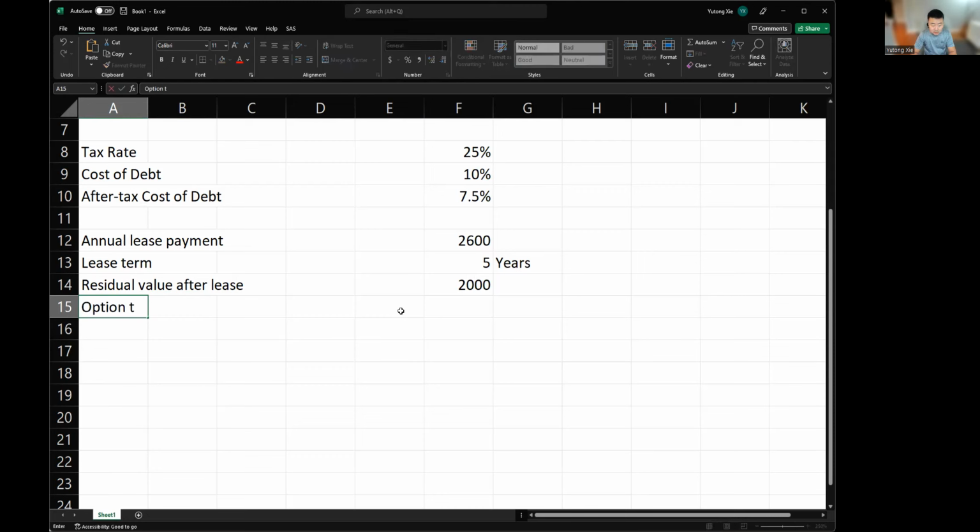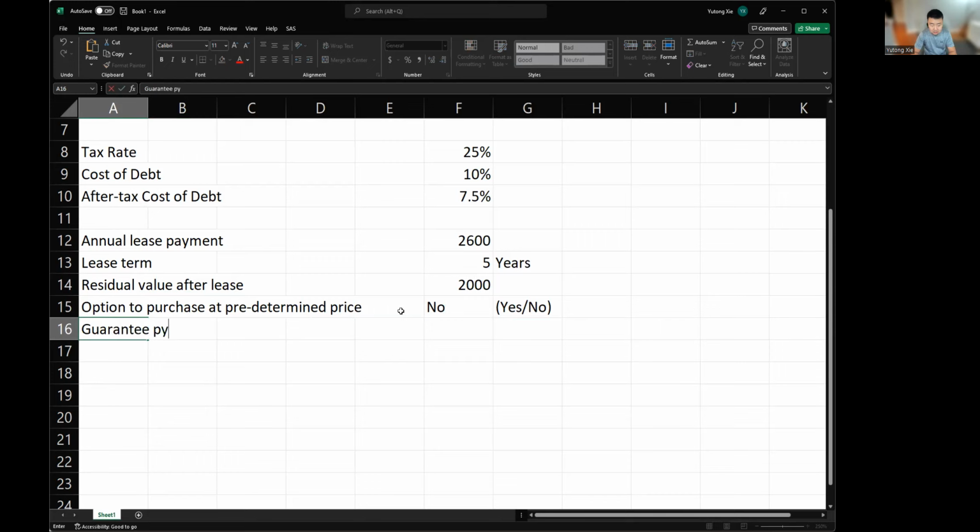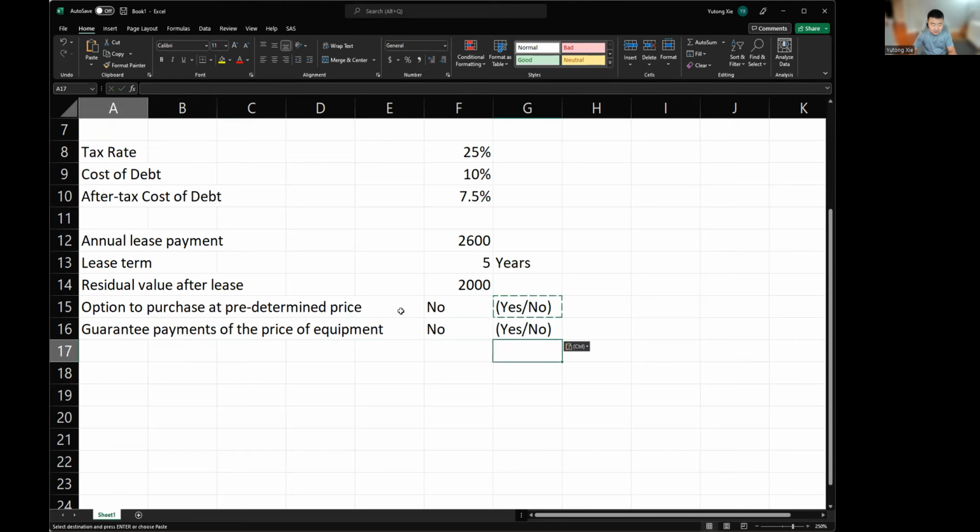So the option to purchase at a predetermined price is a no, right? This is a yes or no question. The guarantee payment of the price of equipment, also if it's a no, also a yes or no question.